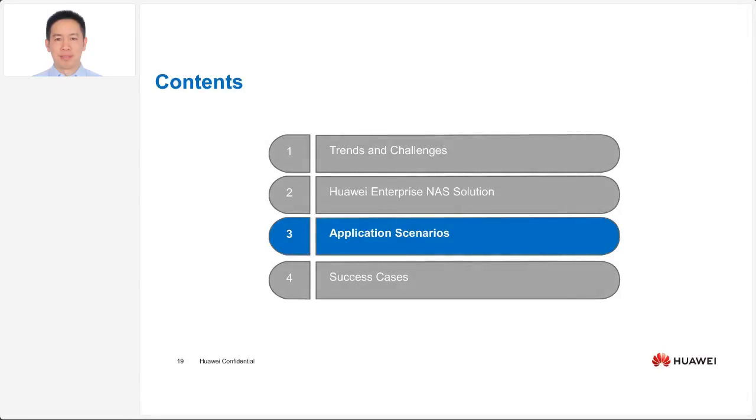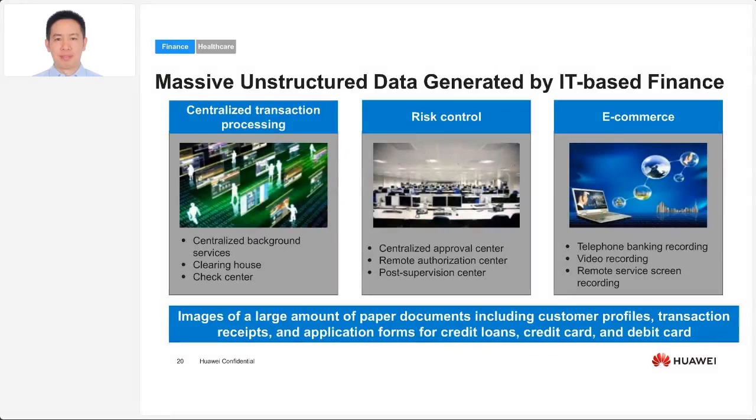After we talked about the trends, challenges, and our NAS solution, we come to the application scenarios. So what exactly are the business or application scenarios that require this high technology to protect our data, especially the massive unstructured data, guaranteed by IT in finance?